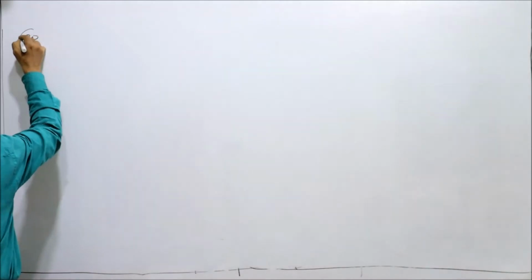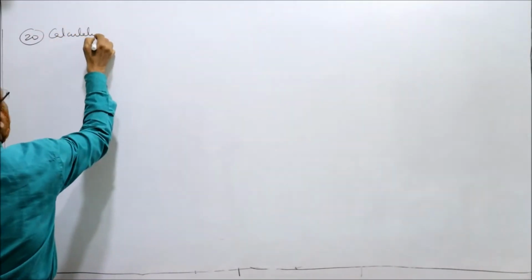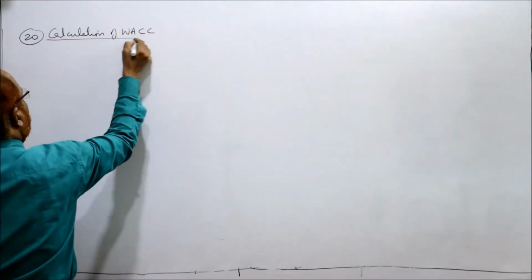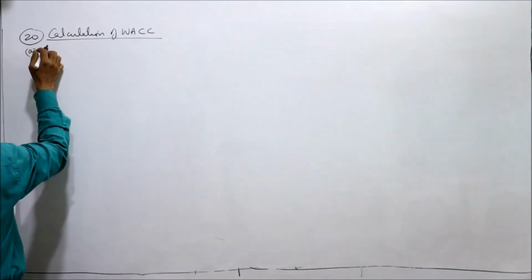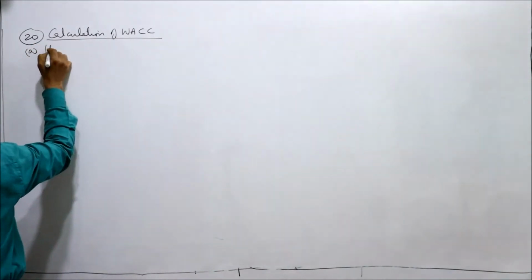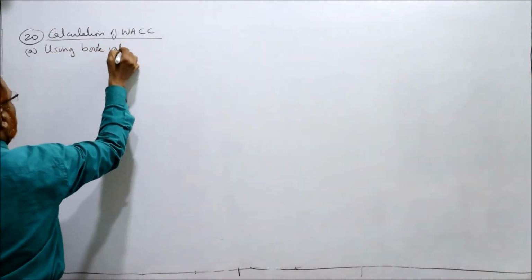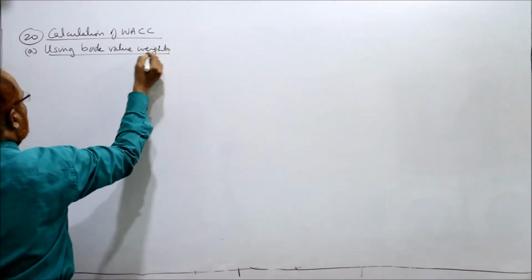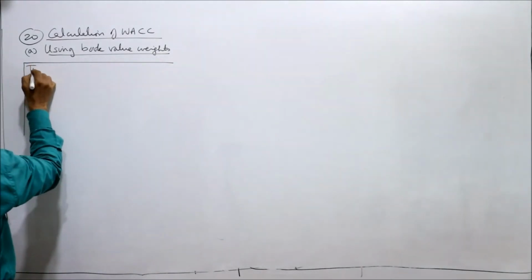Problem number 20. Calculation of WACC. A point. Using book value weights. Type of capital.